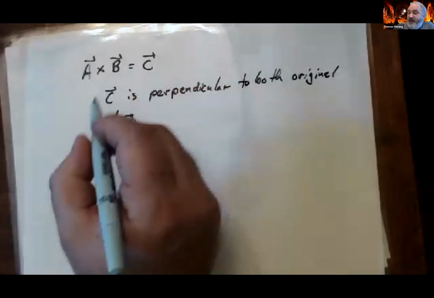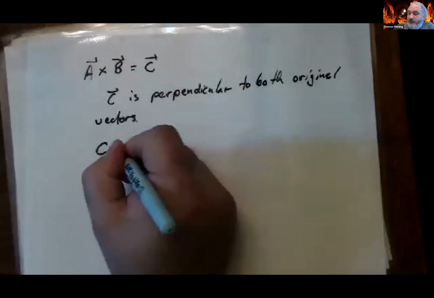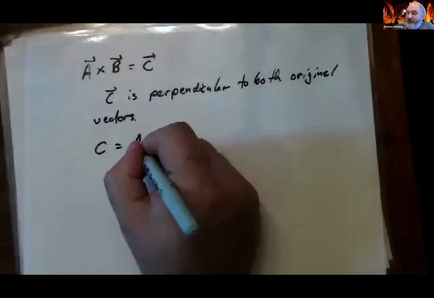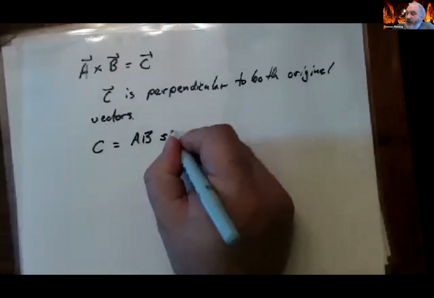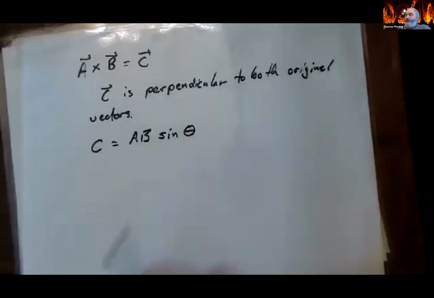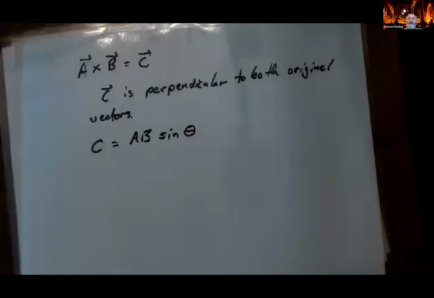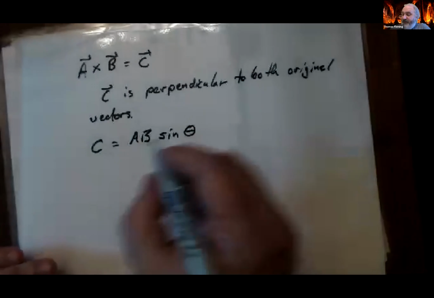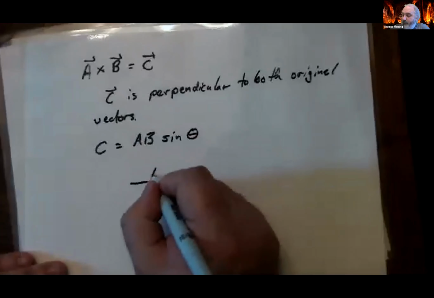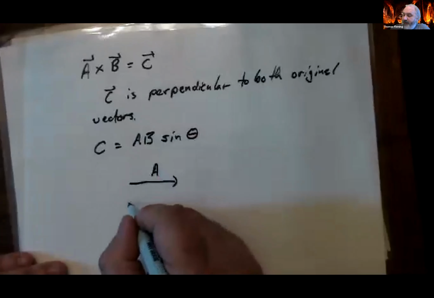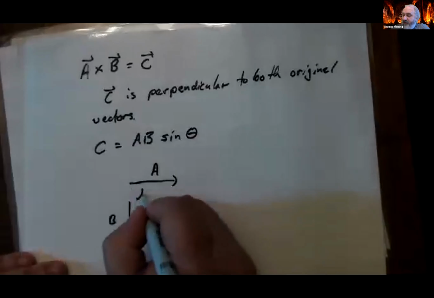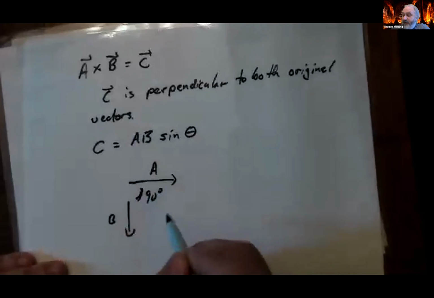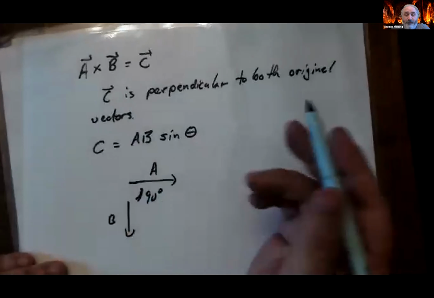We also have to remember that if I wanted to find the magnitude of that third vector, we would take the magnitude of A times the magnitude of B times the sine of the angle between A and B. So what's going to happen is if vector A points to the right and vector B points downward, the angle between them is 90, and the sine of 90 is 1.